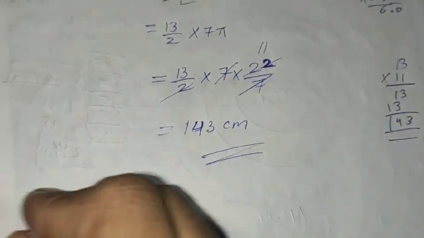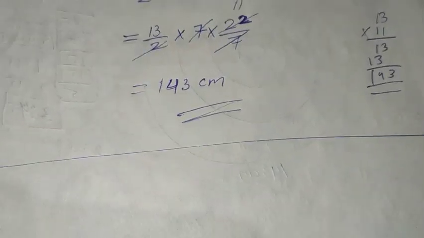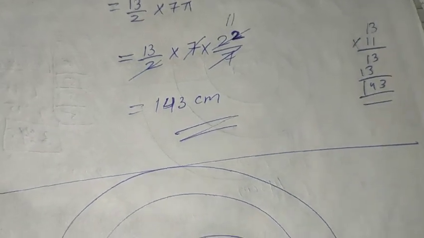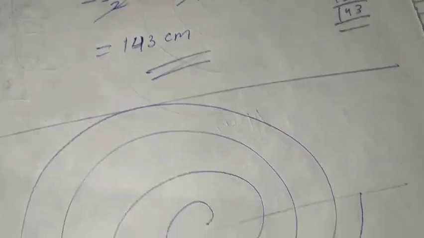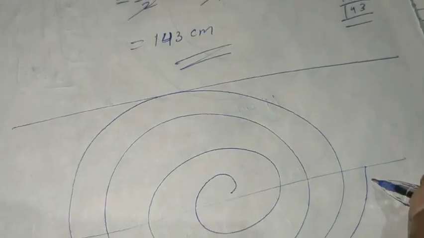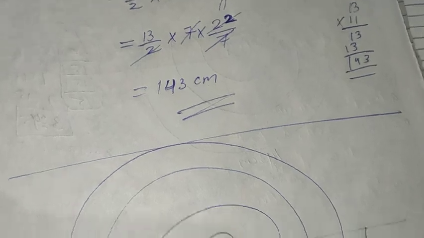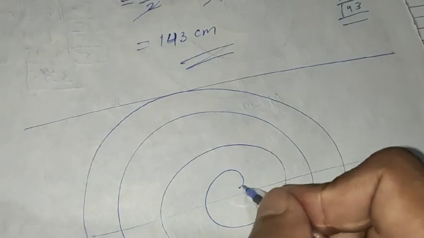This is your answer. That means the whole length of the semicircles up to L13, starting from here, is 143 centimeter.